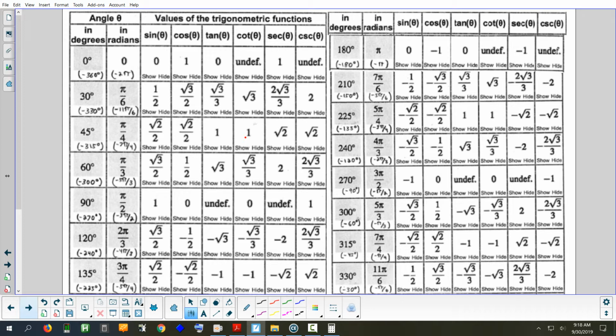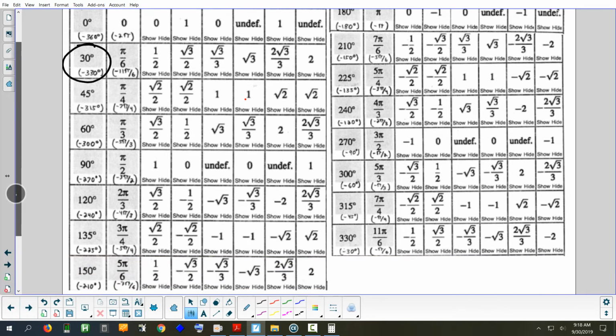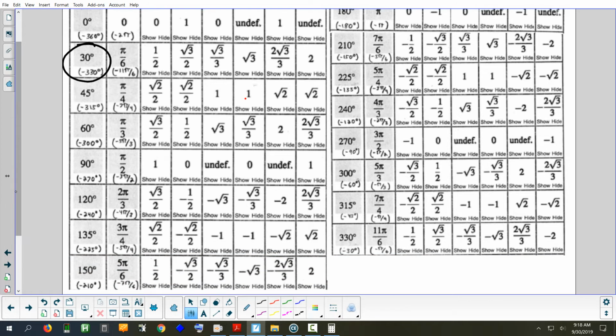Andrew, as I go down my sine column, what row is the first row that you see 1/2 in? What's the angle? Yep, you see it here. But now, keep looking. Does anybody see 1/2 again in the sine column in another row? The 150.